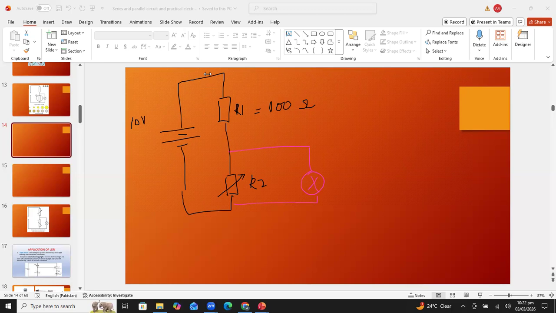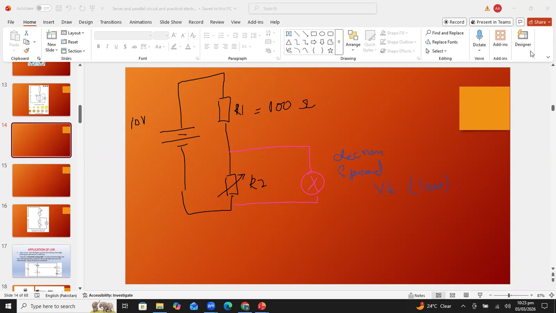Now what we have to do: I want to increase or decrease the speed of this fan. I'm repeating, students, I want to increase or decrease the speed of the fan. So how can I do this? Suppose that I want to decrease the speed of the fan. The fan speed will be decreased when less voltage, downward arrow showing less voltage, will appear across the fan.